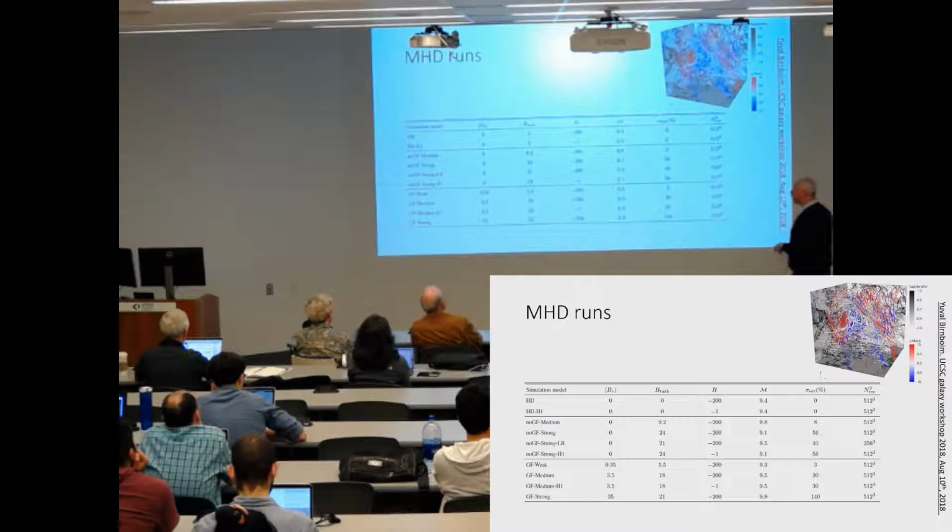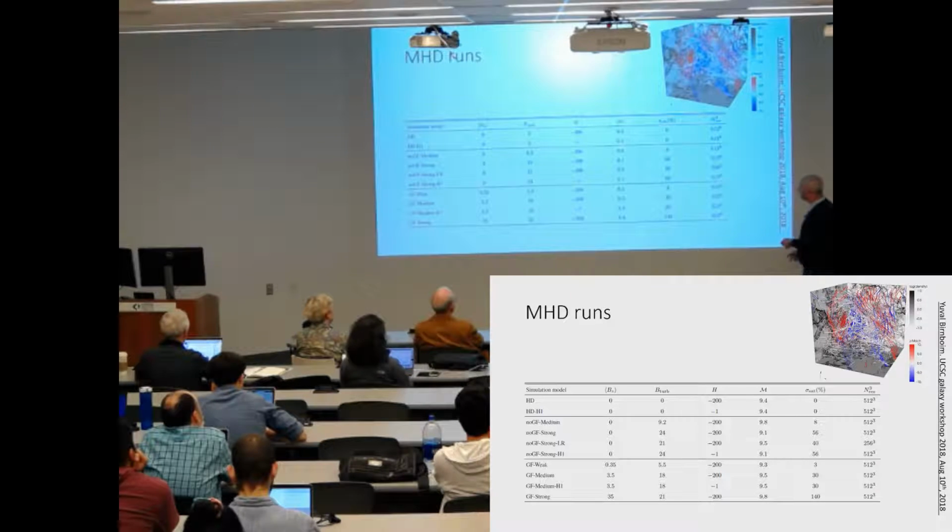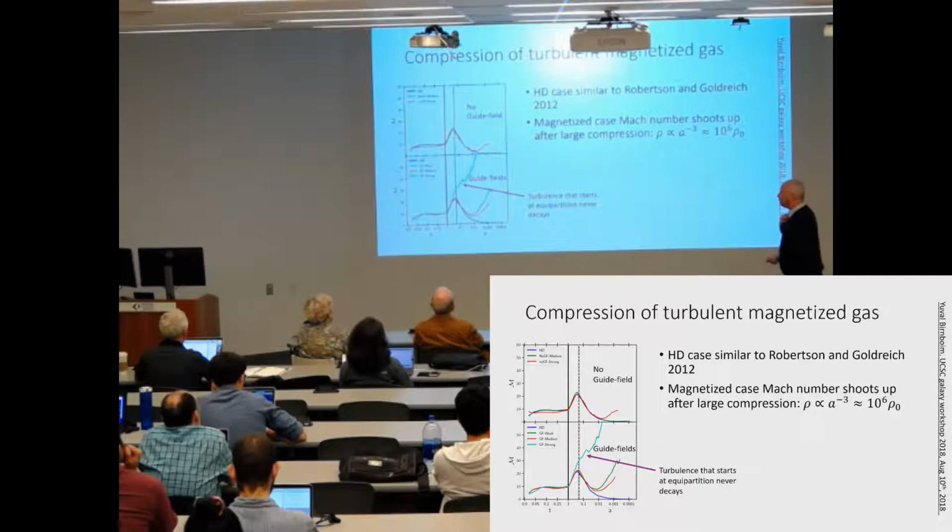But the main difference between the runs is the amount of magnetic field that we introduced. They go all the way from being almost negligible initially to equipartition, and even slightly above equipartition. And that's what we find.